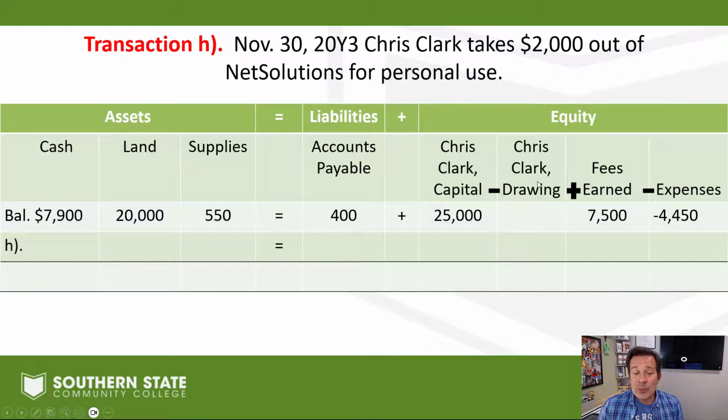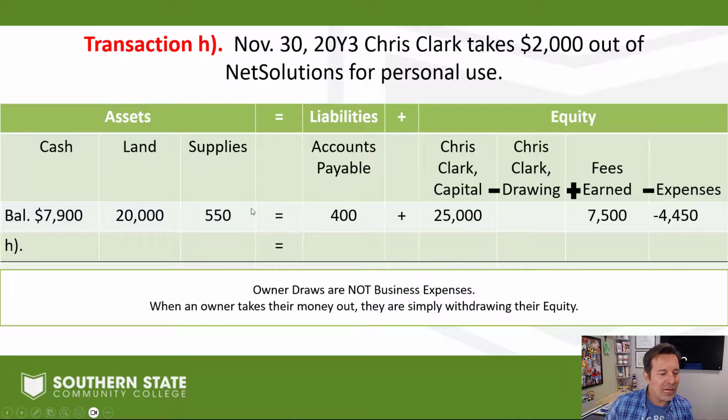You can see I've added a new account called Drawing, Withdrawal. The owner is withdrawing money. So we're taking away from equity. If we add to equity when the owner puts in money and tracking it with a capital account, when the owner takes out money, it's subtracting equity, right? So $2,000.